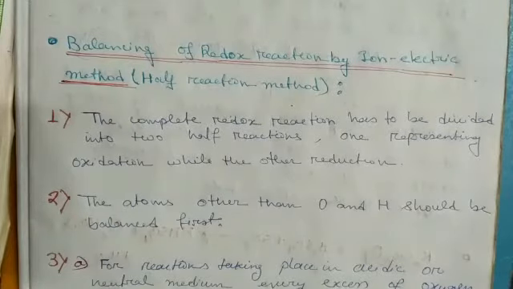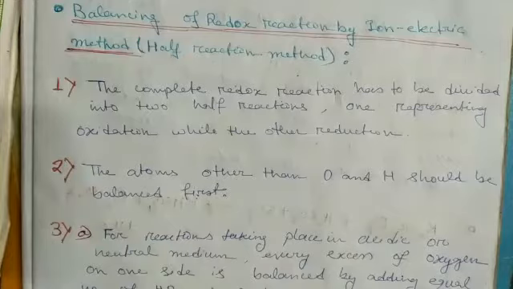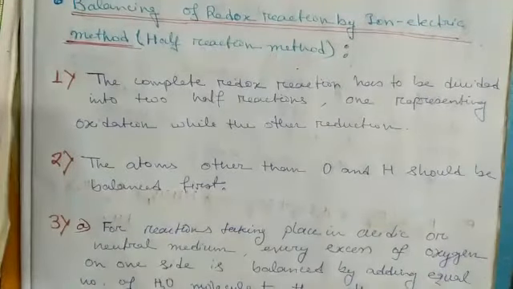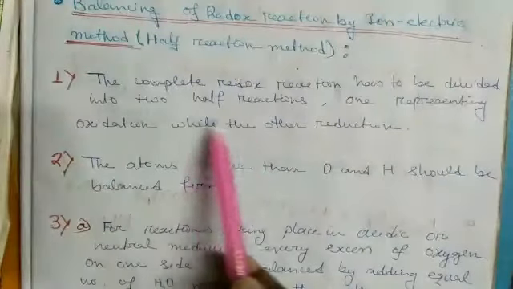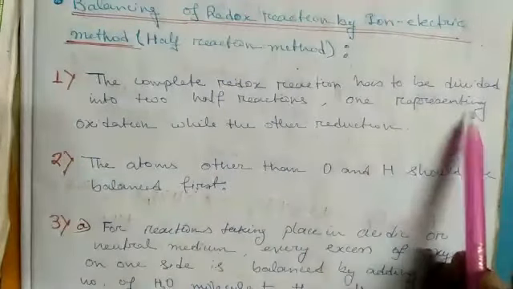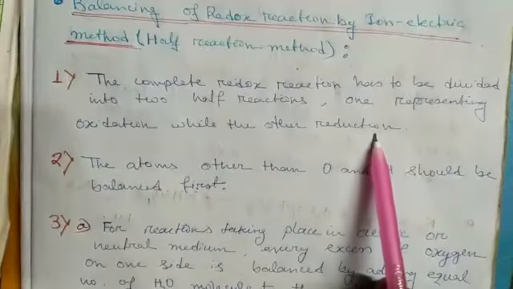So what is the ion electron method? Let us discuss. In the ion electron method, there are several rules. So what are the rules? Let's see. The first rule says that the complete redox reaction has to be divided into two half reactions, one representing oxidation while the other representing reduction.